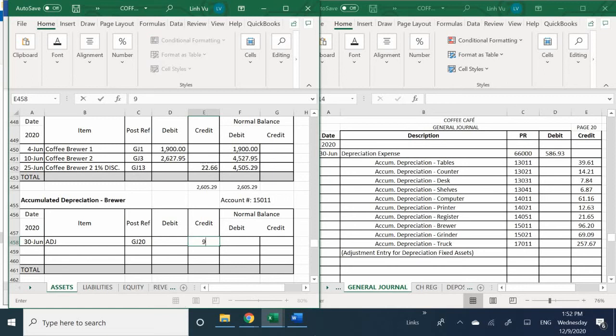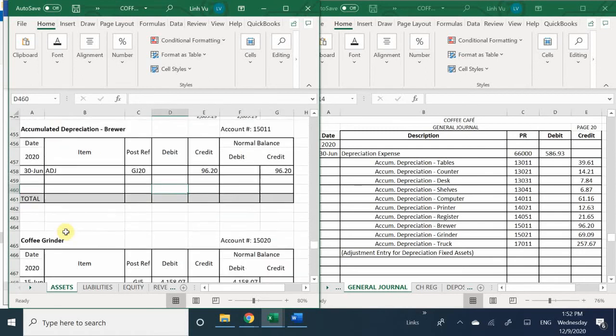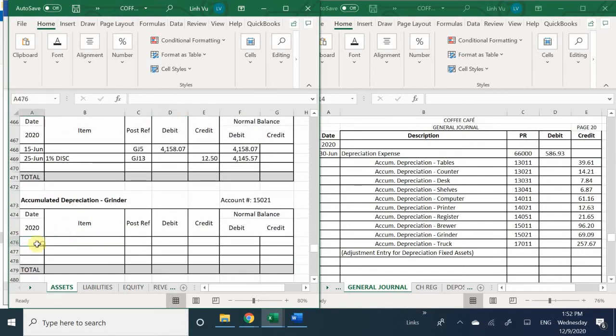Brewer was 96.20. Gonna format this. What am I on? Grinder. Grinder is $69.09.